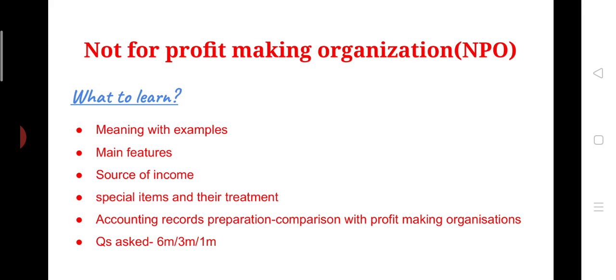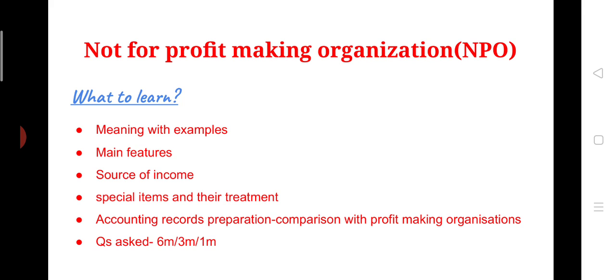So here in this NPO, let me tell you, it is a very short chapter in your accountancy syllabus, and it is very easy to learn because the basics you have learned last year in class 11 when you did the sole proprietorship accounting, that is preparation of trading and profit and loss account and balance sheet. The basics are all more or less same. There is not much difference. Okay, so it is very easy. It is going to be a lot easier for you.